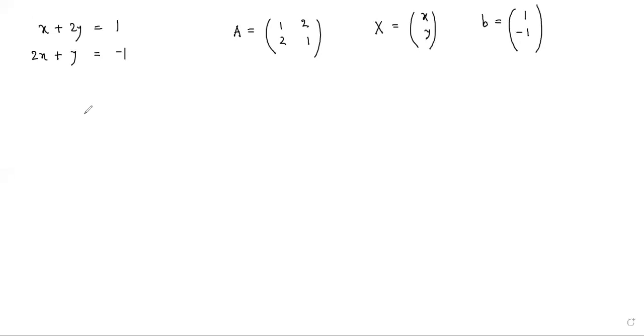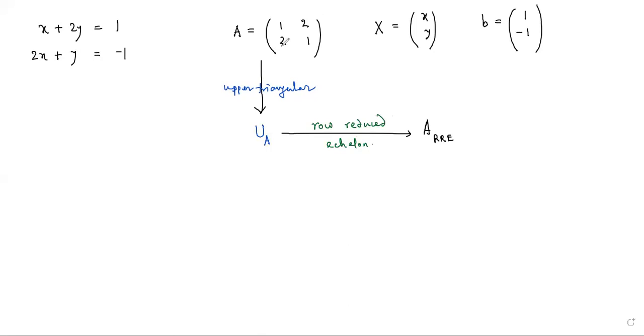One is the forward pass method. First of all, we'll try to bring some upper triangular matrix. Step number one is to bring some upper triangular matrix out of capital A. Suppose this is U, A, and from there we are going to find some matrix which is the row reduced echelon form of the given matrix capital A. So this process is going to be applied over here.